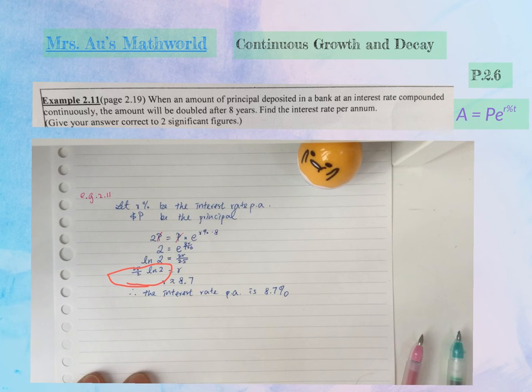Because if I have part B or something like this, then we can use this value to do further calculation. But of course, this part we have no need to do, so we just need to check it out for 2 significant figures and put the answer back.